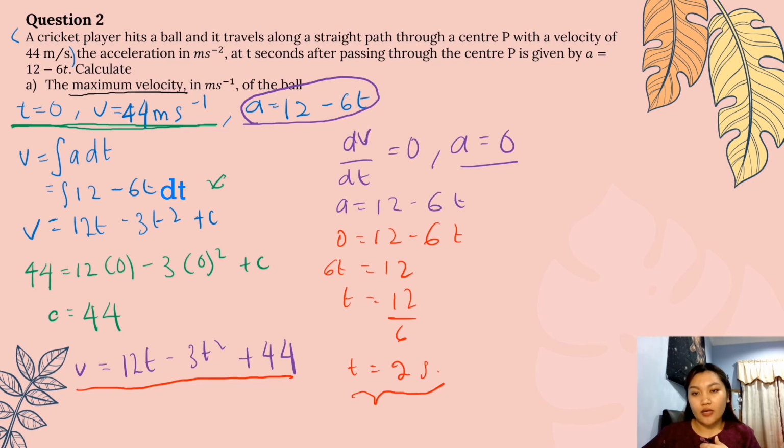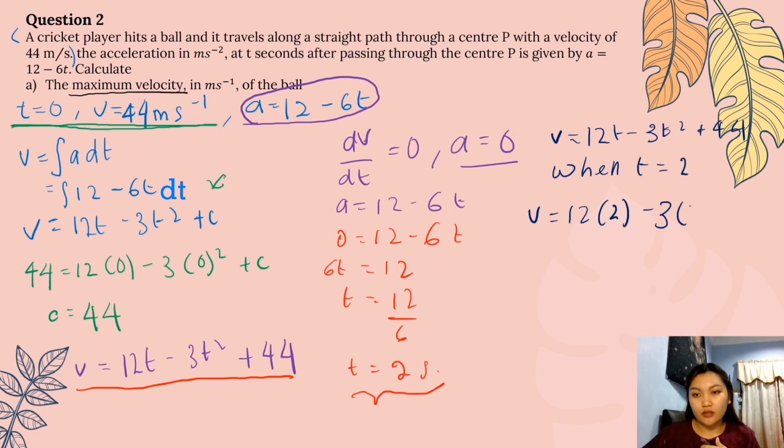Now we can answer the question. We have the function of v equal to 12t minus 3t squared plus 44. When t is equal to 2, v is equal to 12 times 2 minus 3 times 2 squared plus 44.